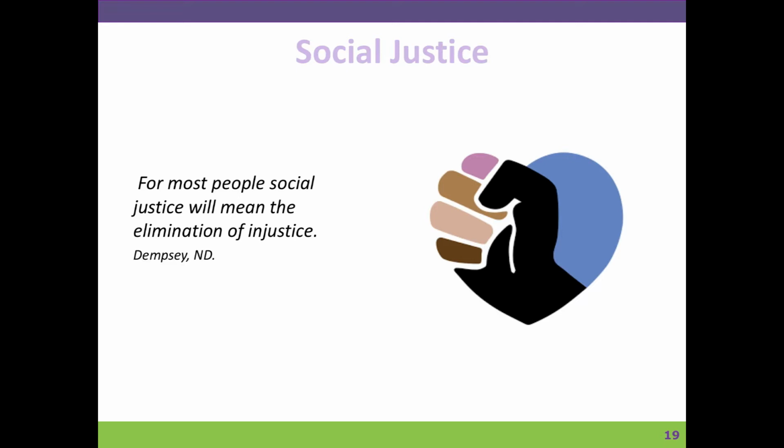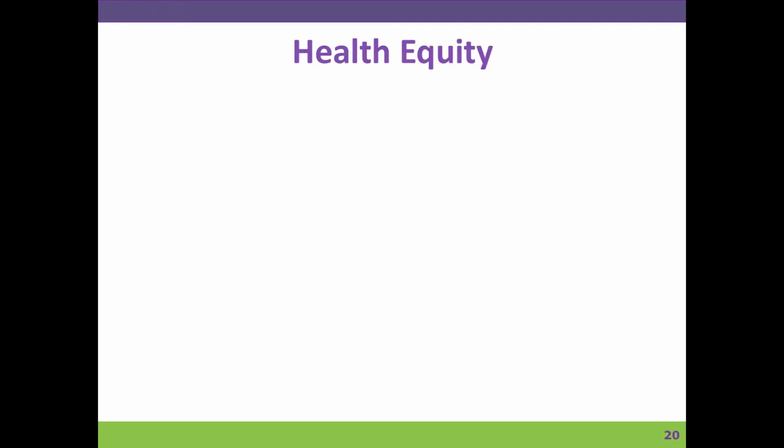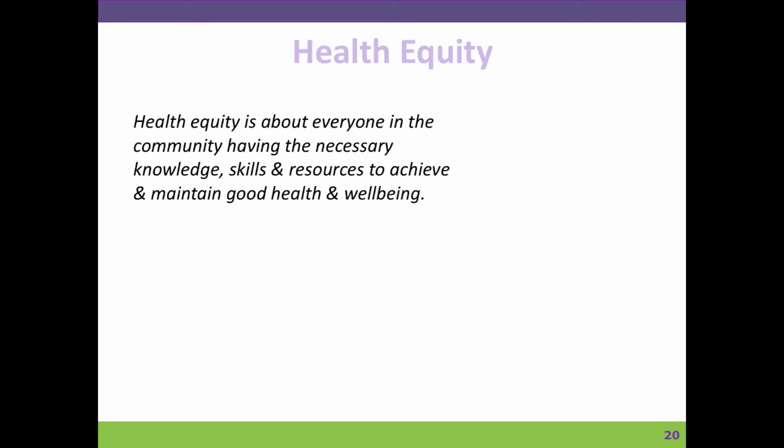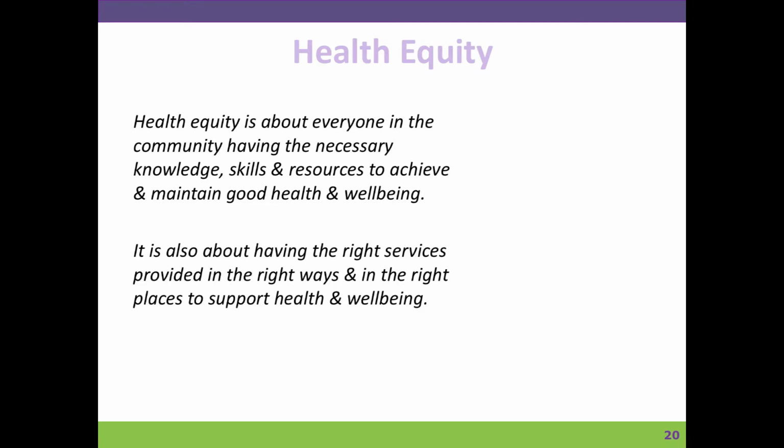In considering social justice, it's also important that you consider equity of clients with complex needs. Health equity is about everyone within the community having the necessary knowledge, skills and resources to achieve and maintain good health and wellbeing. It's about having the right services provided in the right ways and in the right places to support the health and wellbeing of clients.